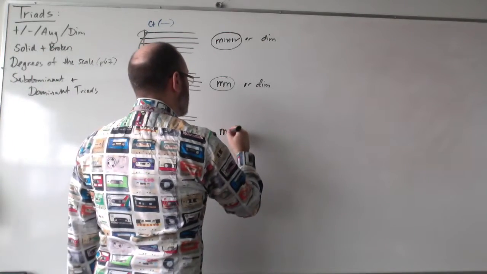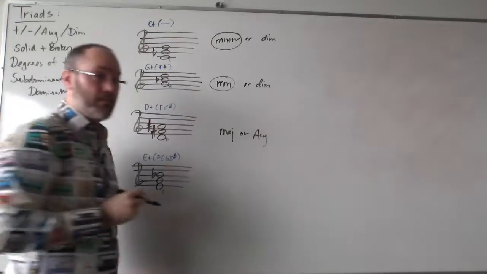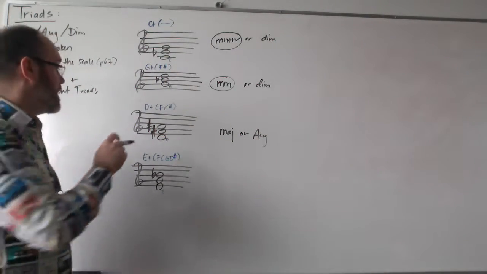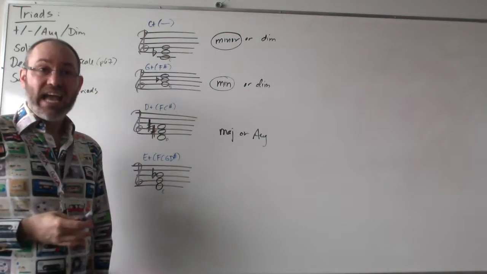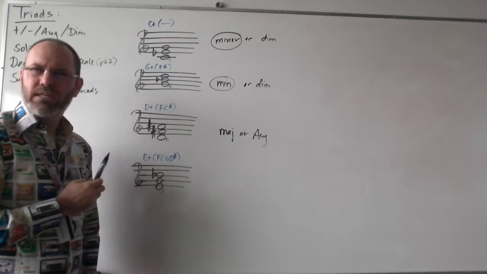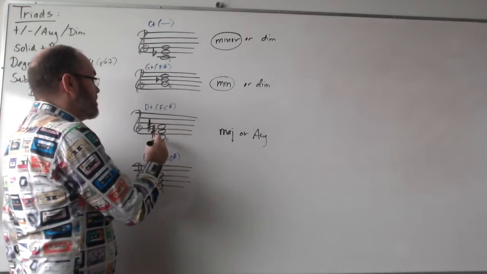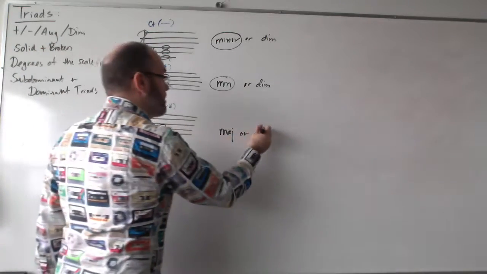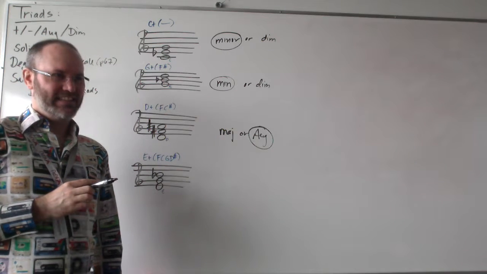So we're either going to be major or augmented. So let's figure out. The top note is what letter? A. Is A in our key signature? No. So what have they done to it? They've raised it. So we have a major third, an augmented fifth. Therefore, we know we're augmented.